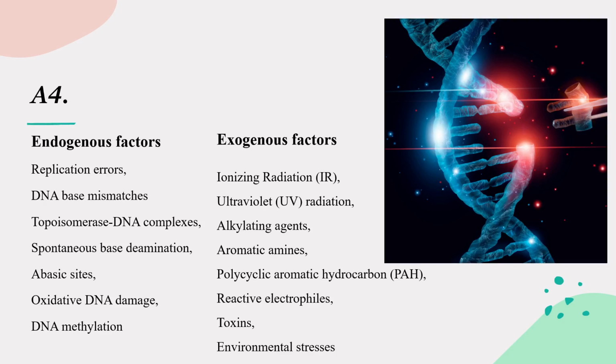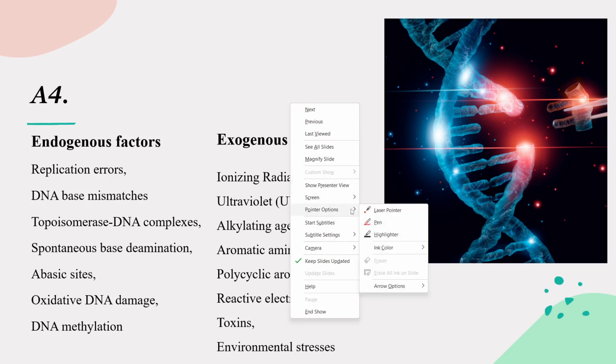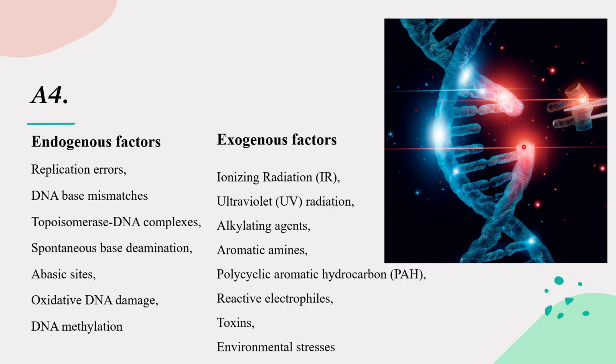There are certain factors that damage the DNA. So what is the meaning of DNA damage? DNA damage means some part of the DNA or certain base is broken. As you can see here in the figure, a certain part of this DNA is broken.